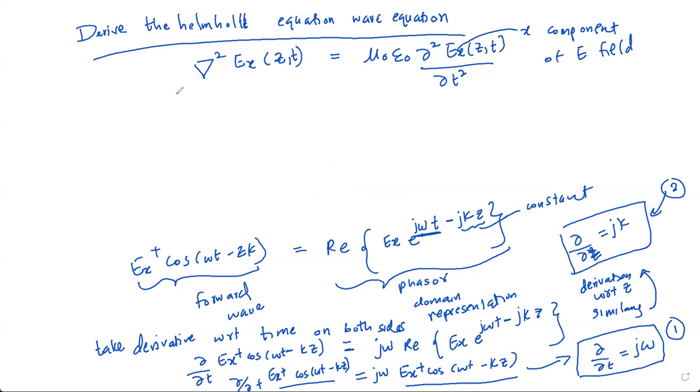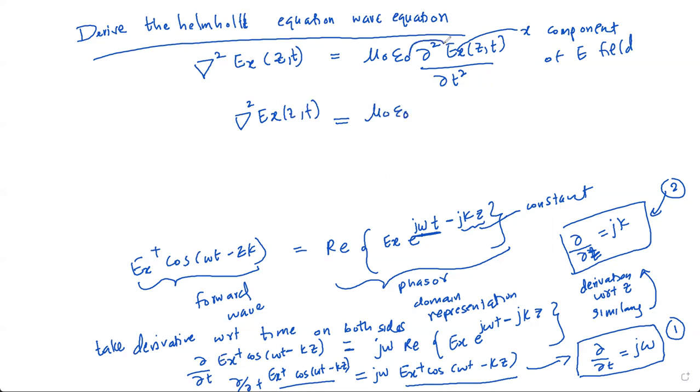If we want to solve this further, we can substitute that the second derivative with respect to t is equal to j omega, right? By that knowledge, we can simplify this as mu naught epsilon naught.